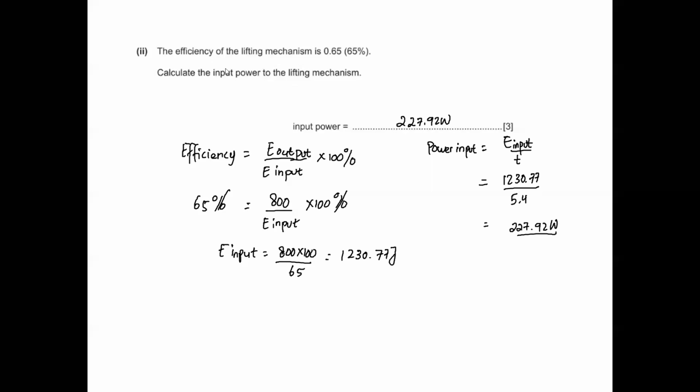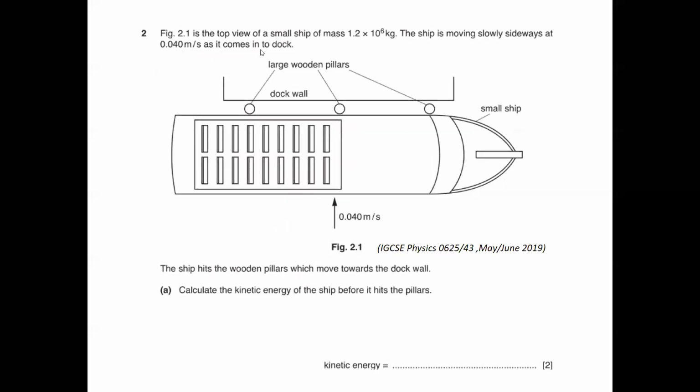Then for the next one, we want to find the kinetic energy. So we use the formula of kinetic energy as half mv squared. So half times the mass.